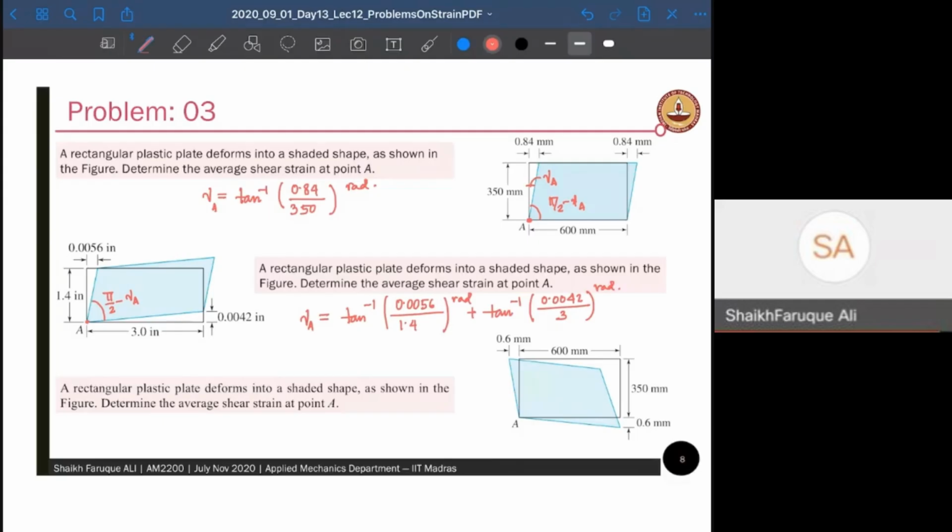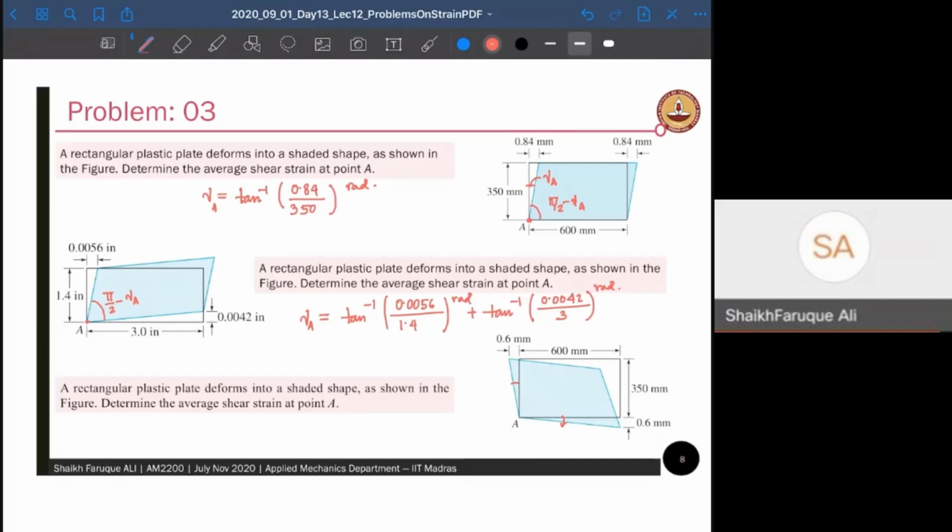Now look at the third picture. As you can understand, the angle has increased from its previous 90-degree undeformed configuration. So it is a negative shear strain, right? You have to find out the angle here.